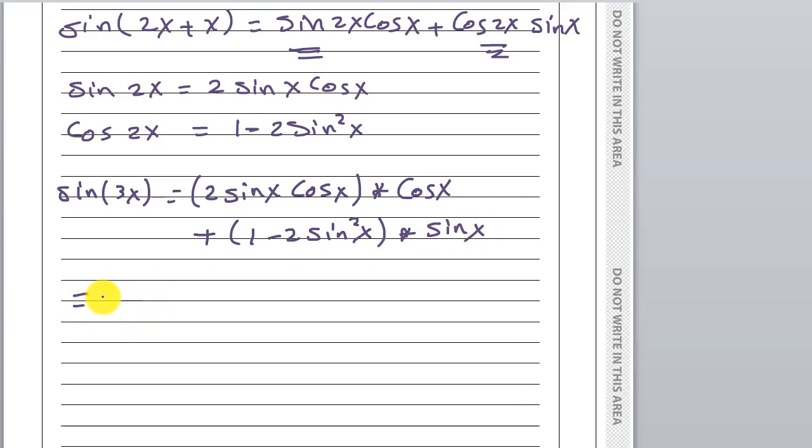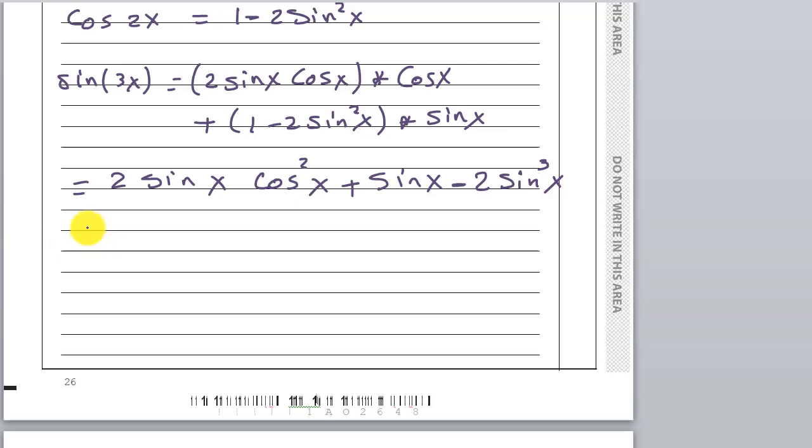So it's equal to 2 sine x cosine squared x plus sine x minus 2 sine cubed x.